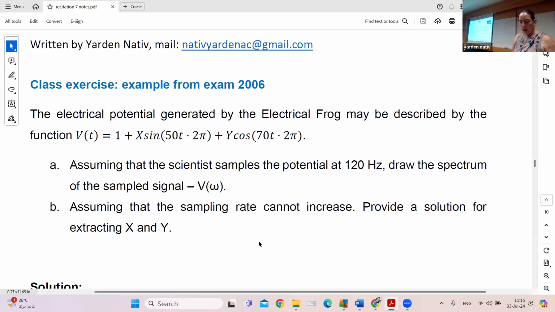So we have a scientist who samples this potential at 120 hertz. What is the power spectrum, or what is the spectrum that we expect him to have? So should there be aliasing? Yes, why? Great. So we have here 2 frequencies. One of them is 50 and the other one is 70.